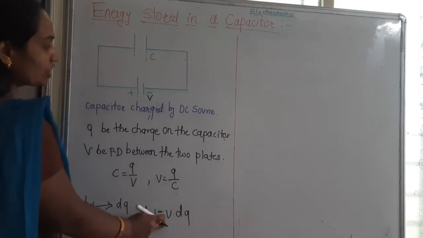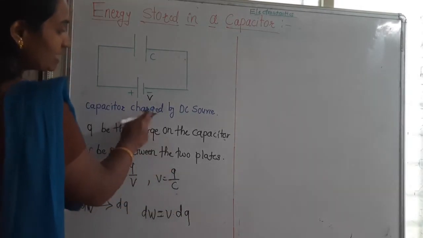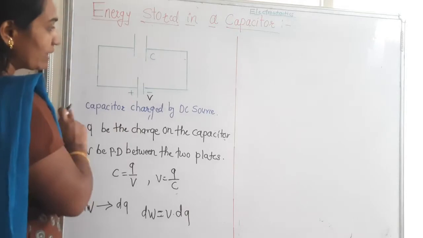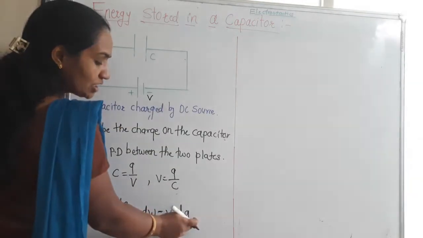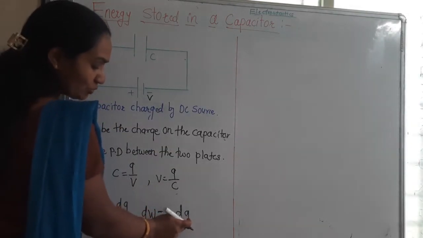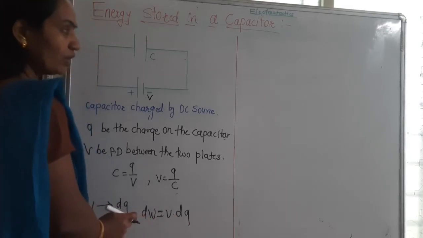Because the potential difference V is applied by the DC source, the small charge flows and there is a small work done.